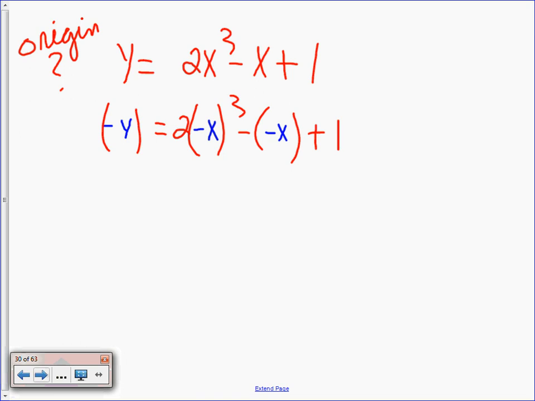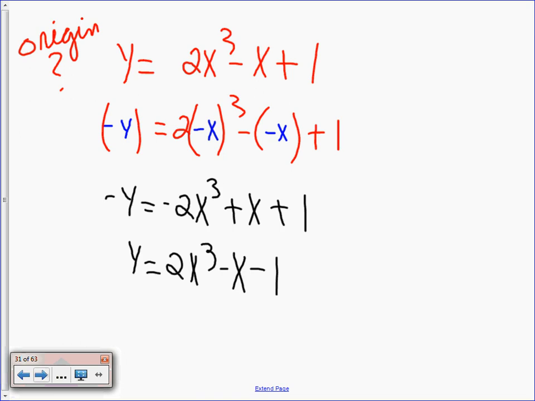And I should take out the y and replace the y with the opposite of y. If that's true, if it's symmetric with respect to the origin, doing that should get me the exact same equation I started with. So let me simplify a little bit.